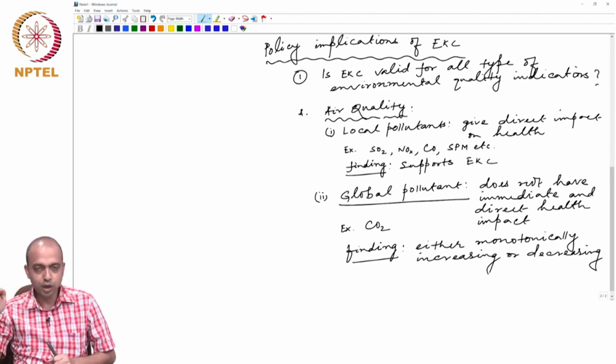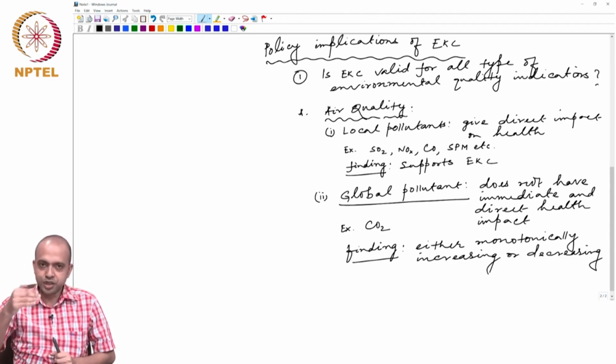One is local pollutant, which have direct and immediate health impact, like sulfur dioxide, NOx, carbon monoxide, suspended particulate matter, etc. And most of the cases, this local air pollutant actually they support EKC type of relationship between air quality and per capita income.